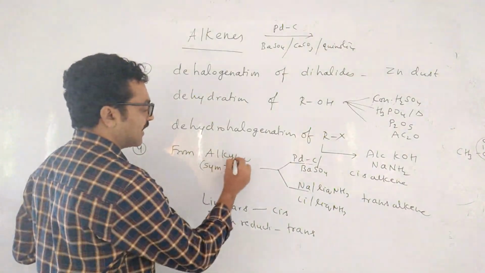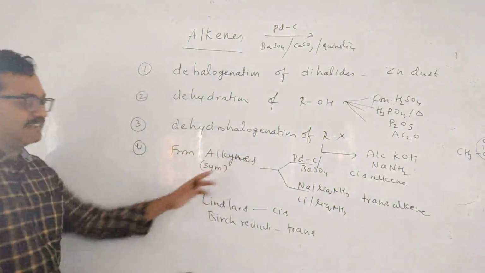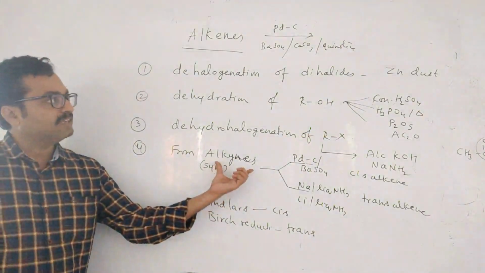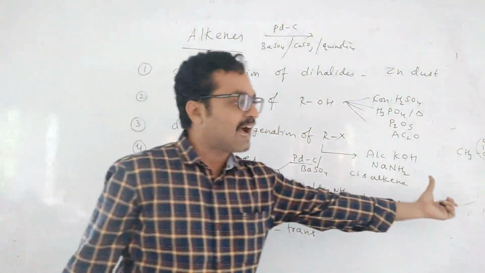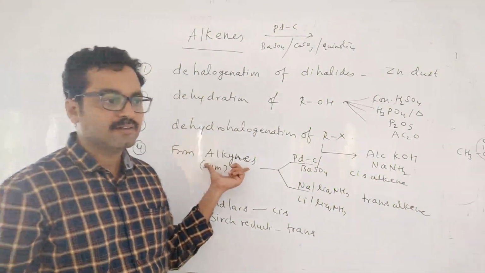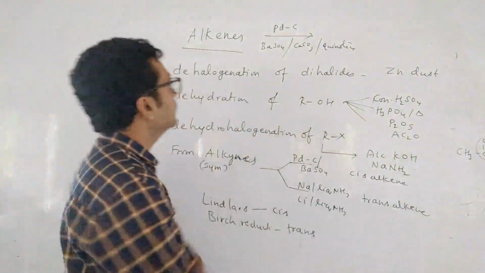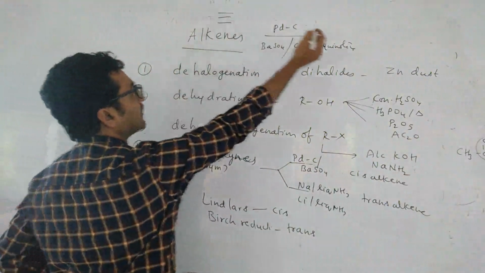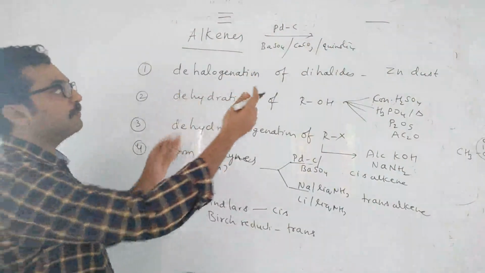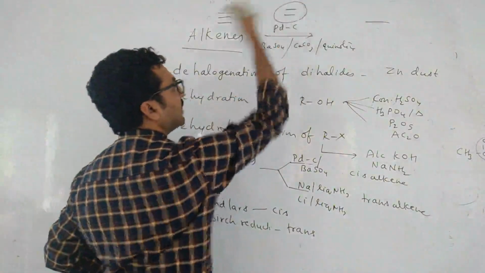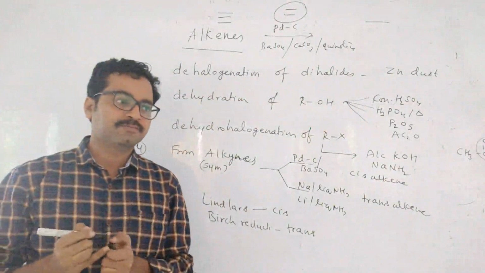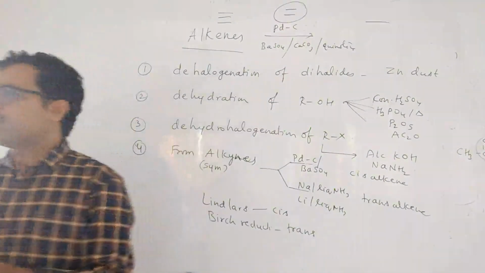Sorry, this is alkyne, I have to change it. This is alkynes. If alkynes undergo reduction, what you will get? Alkanes directly, means triple bond is converted to single bond. But we are stopping at the middle, at the alkene stage only. That is called controlled reduction.